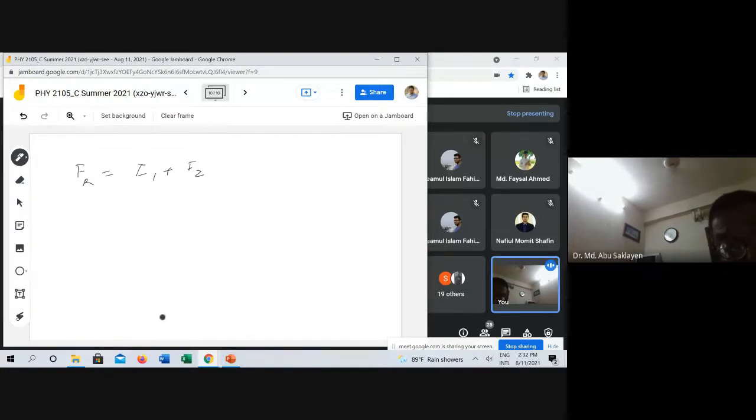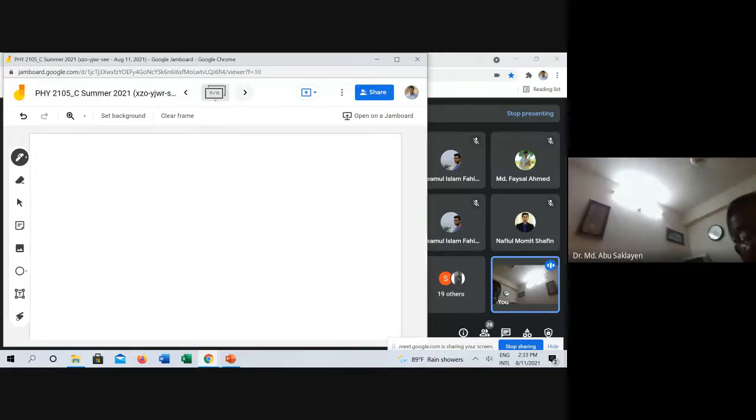You find the magnitude, and the resultant direction will also be positive x-axis.